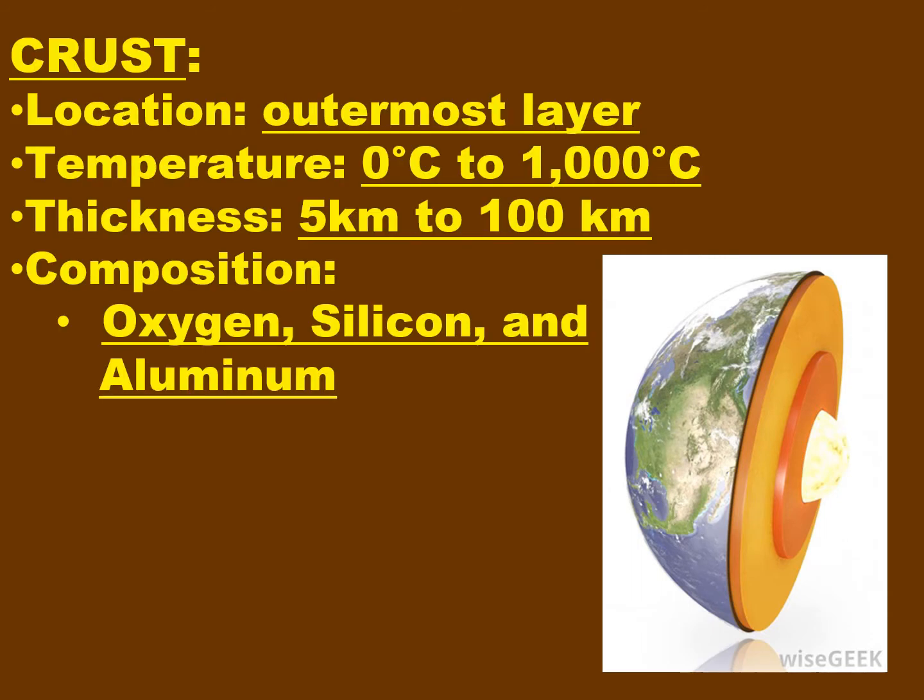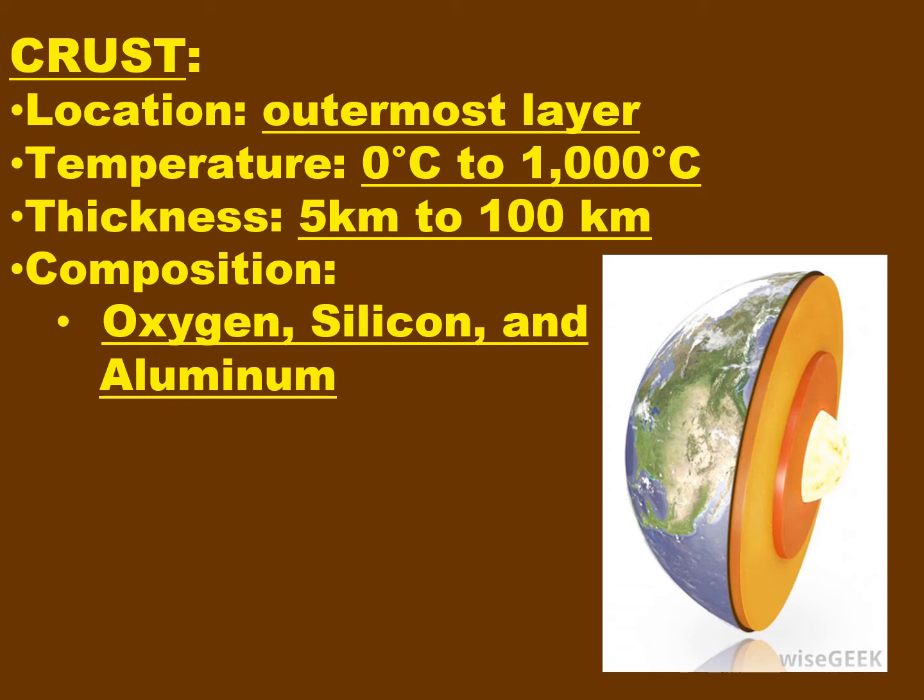Let's take a closer look at the crust. The crust is the outermost layer that we live on. It is comprised of the oceanic crust and the continental crust. Its temperature ranges from 0 degrees Celsius to 1,000 degrees Celsius. Its thickness is between 5 kilometers and 100 kilometers.